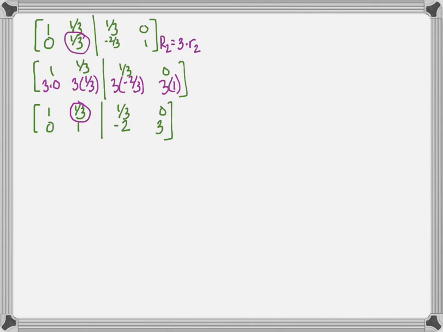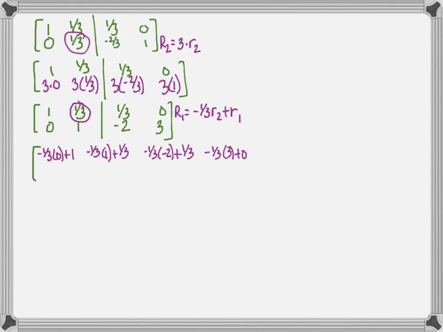Okay, finally, we need to turn this 1/3 into a 0. And we can do that by multiplying row 2 by -1/3 and then adding that result to each element of row 1. So our new row 1 will be obtained by taking -1/3 times 0 plus 1, -1/3 times 1 plus 1/3, -1/3 times -2 plus 1/3, -1/3 times 3 plus 0, and our second row will remain the same, so 0, 1, -2, 3.